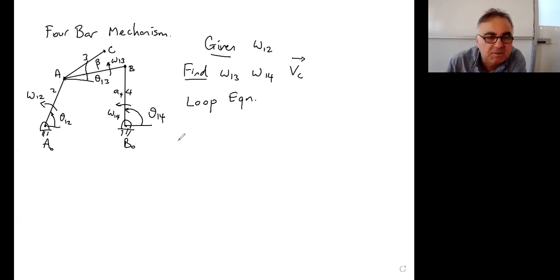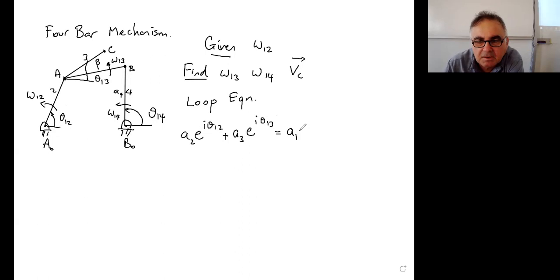Let me write this in terms of complex numbers: A2 e to the I theta 1, 2 plus A3 e to the I theta 1, 3 is equal to A1 plus A4 e to the I theta 1, 4.